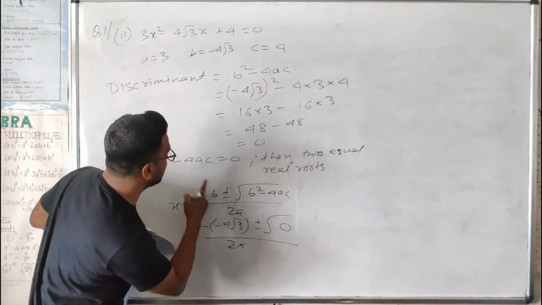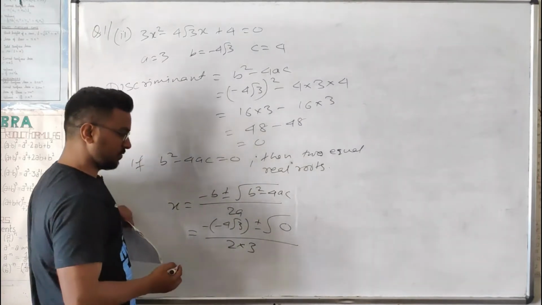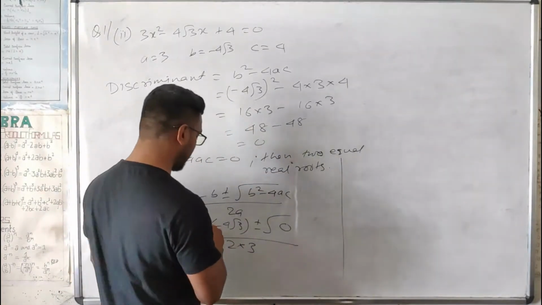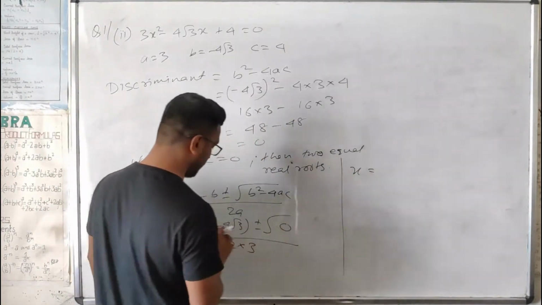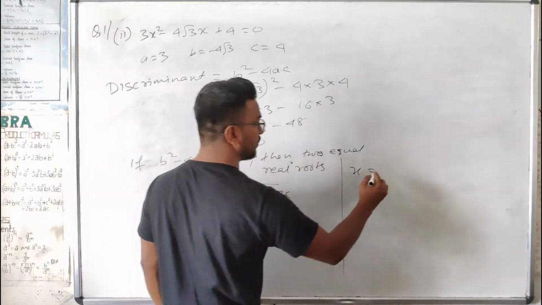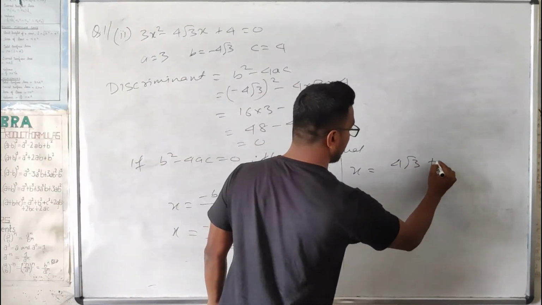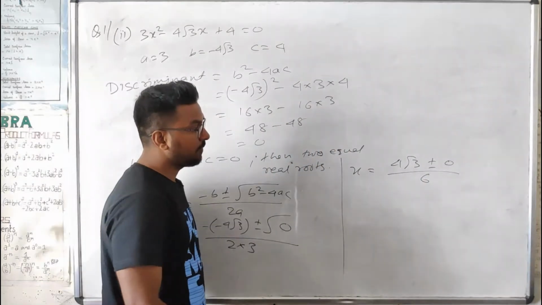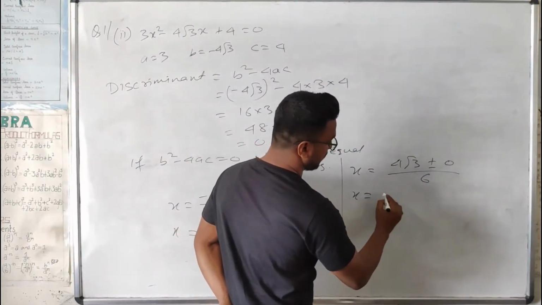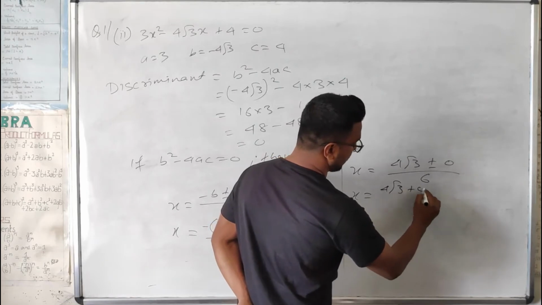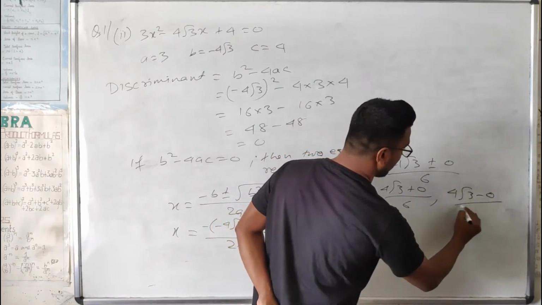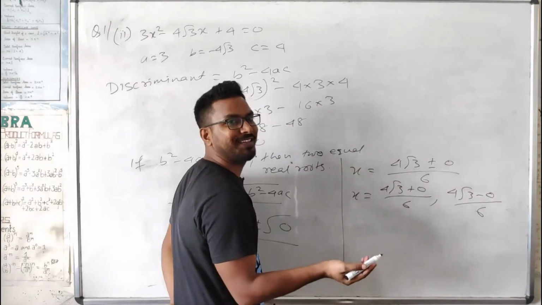2 into a is 3, so 6. So we will get x equals to minus minus becomes plus, 4 root 3 plus minus 0 divided by 6. This can be written as x equals to 4 root 3 plus 0 by 6, and the other one will be 4 root 3 minus 0 by 6. Both the roots will be the same, right?